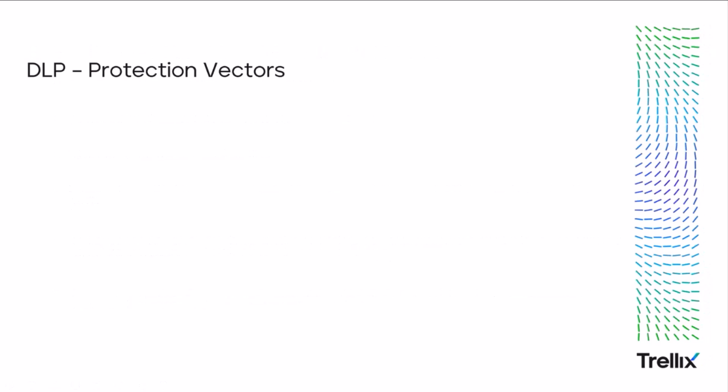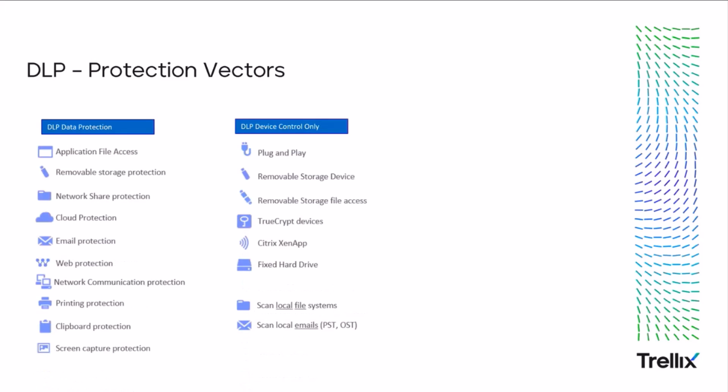Next, we can discuss DLP protection vectors. We have a data protection vector and device control vectors. Under data protection and device control, we have multiple rules which can be configured based on your requirement. For example, if you would like to block an upload through web browser, you need to create a web protection rule.